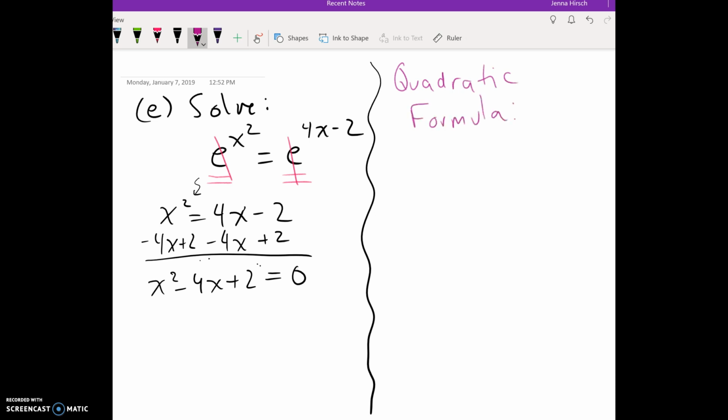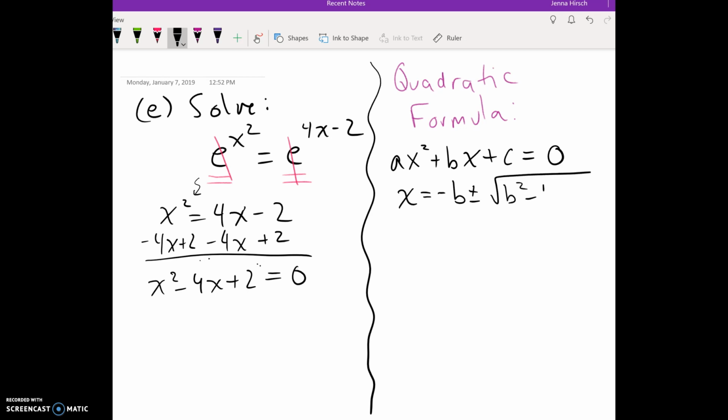Remember, here is what the quadratic formula says. It says if you have a quadratic equation in standard form, ax squared plus bx plus c is equal to 0, then this formula will always work as the following. X is equal to minus b plus or minus the square root of b squared minus 4ac all over 2a.